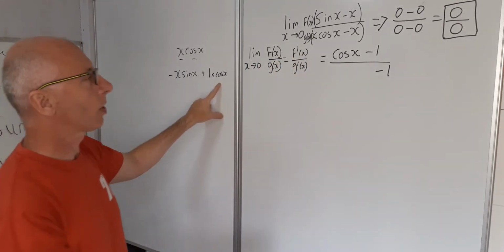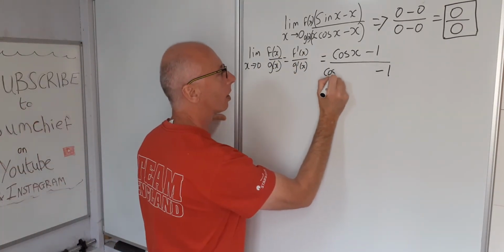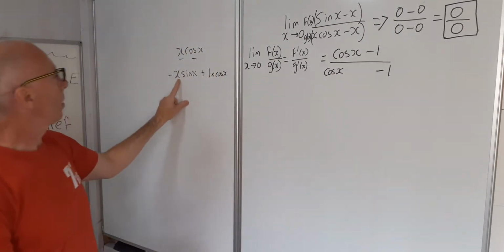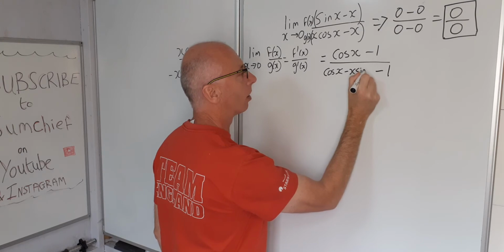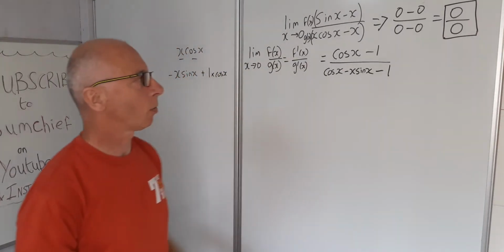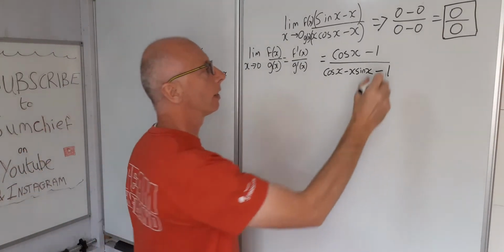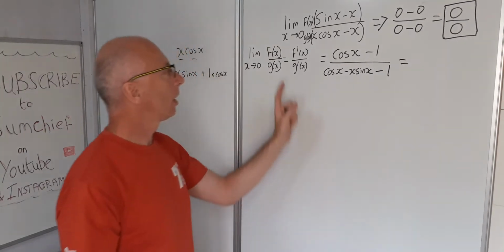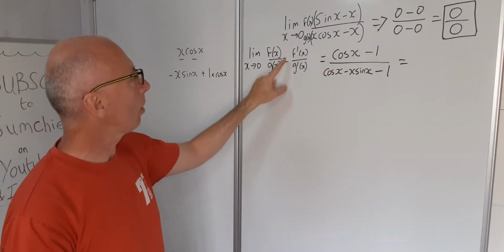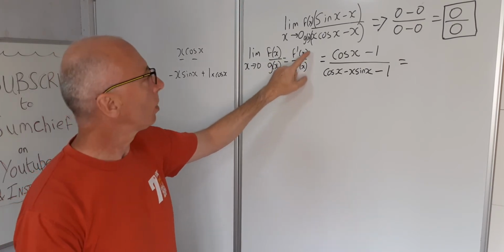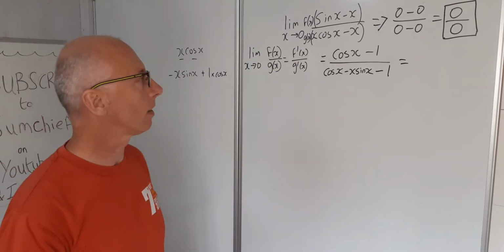So cosine of x minus x sine of x, and then minus 1. Okay, let's plug in 0 into this function here now, because as the limit is approaching 0, even though we've taken the derivative, we still want to plug in 0 for our x's.